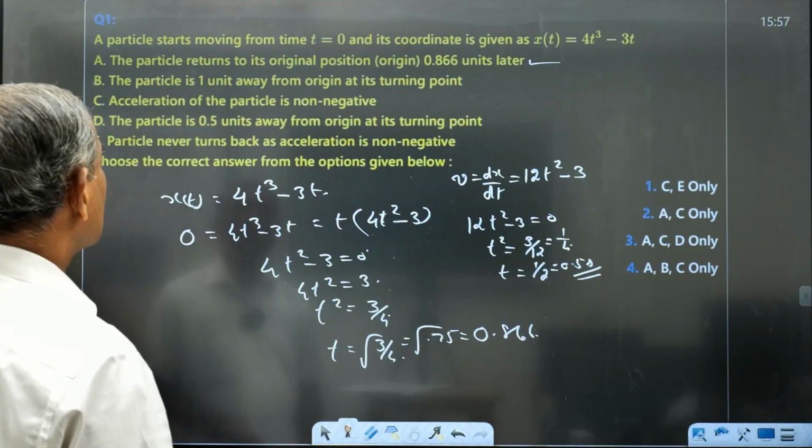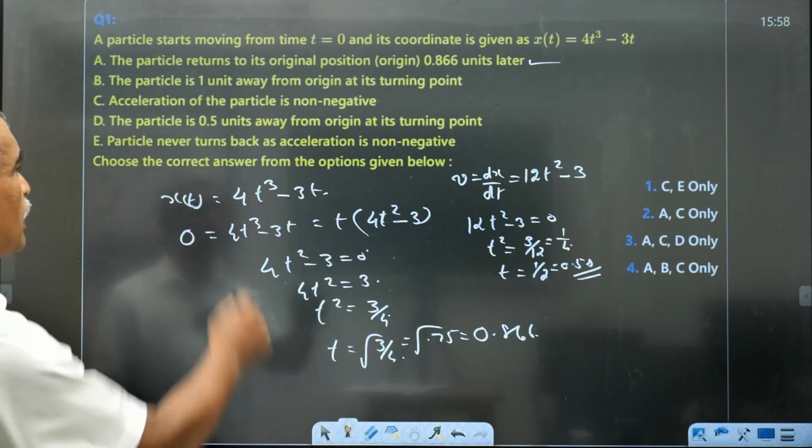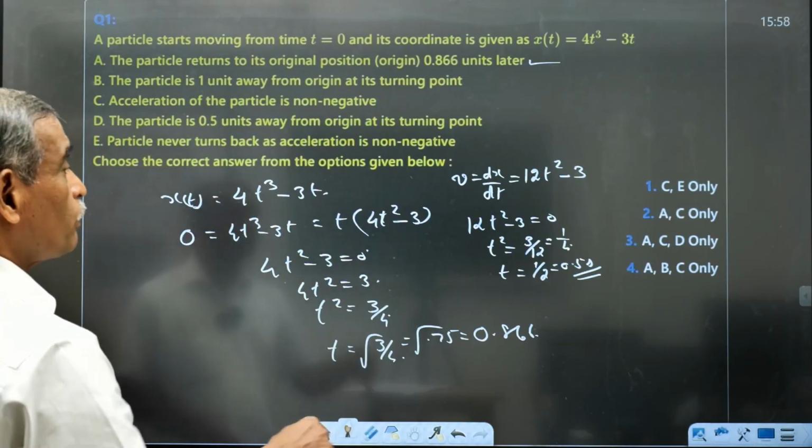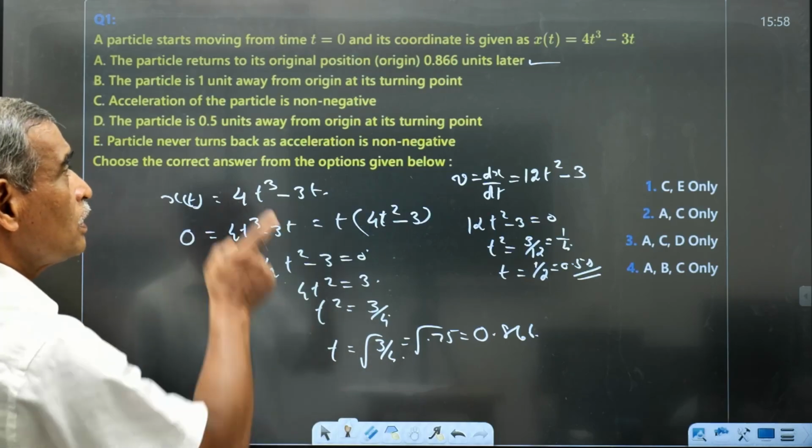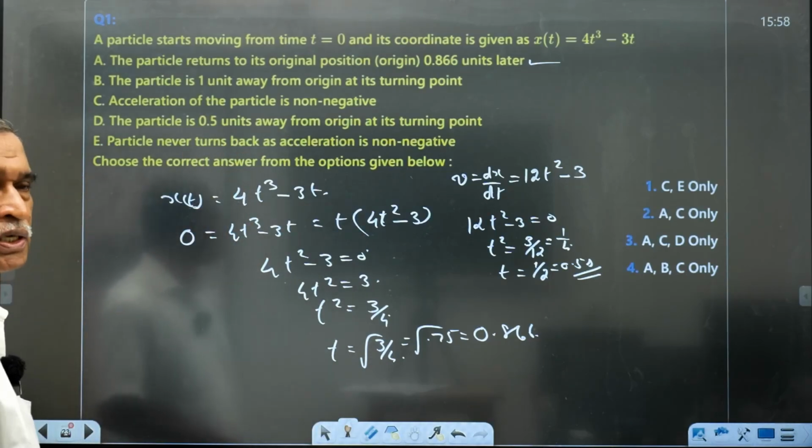Is that option there anywhere? That is not there. Now we have to say at that time, what is the value of x(t)?